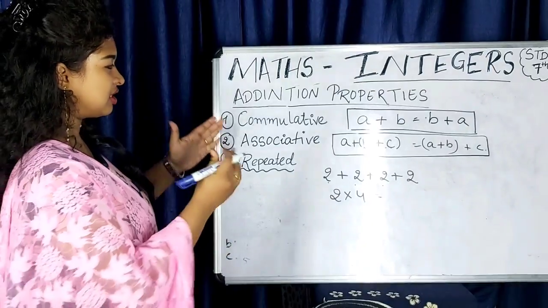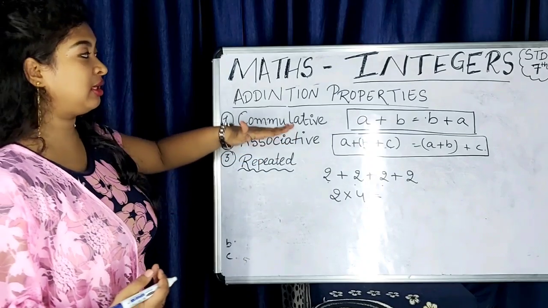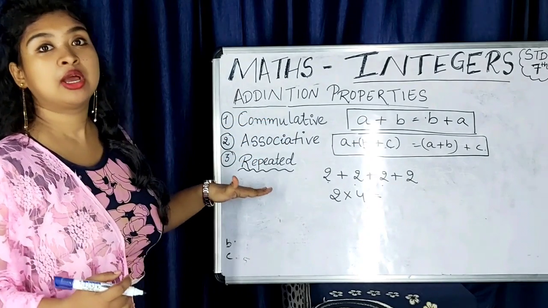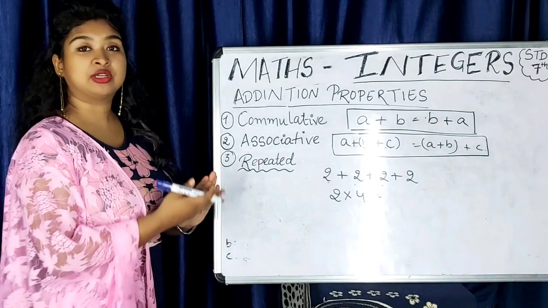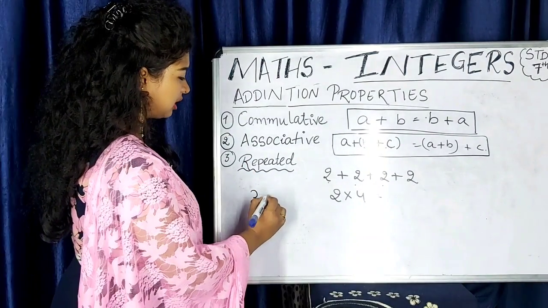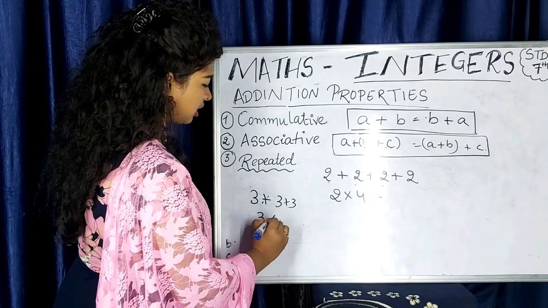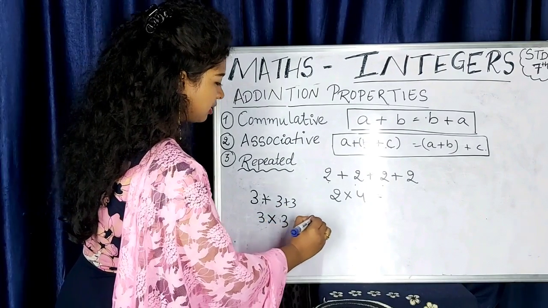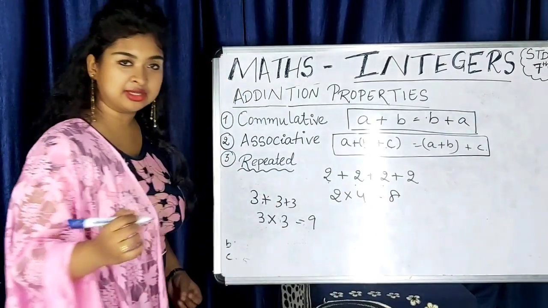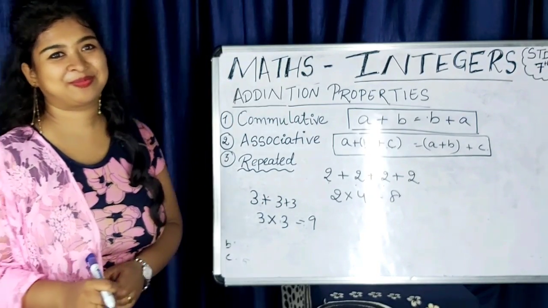Yes or no? So this is the repeated addition property. The addition properties have this third property, repeated addition. Take another example: 3 plus 3 plus 3, that is 3 into 3, 9. Okay, so this is all about the repeated property.